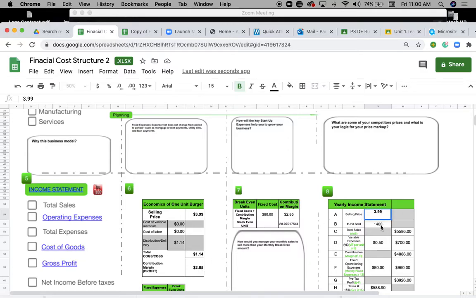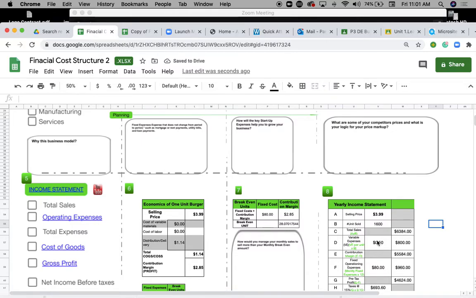If I sell 14 in one month, I sell 1,400 burgers in one year. I times 14 times 12, and it calculates right here. So this formula automatically does it for you. It helps you out, makes your life easy. So I'm going to make it 16 burgers. See how the number changes?